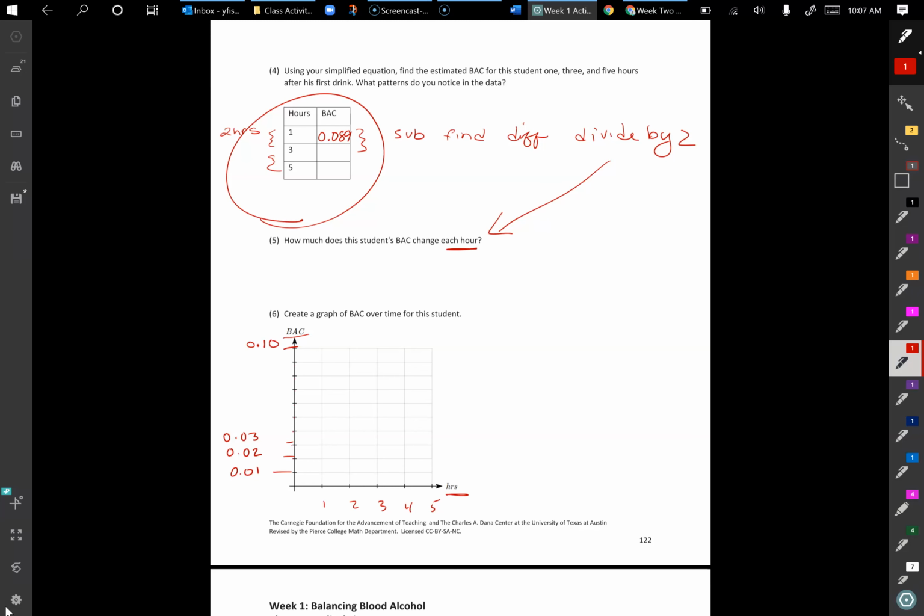You'll note that. But for 1 hour, I have 0.089. So that's going to be right about here. And so I would plot that dot, and then you would figure out for 2 and think about, do you think that's going to go this way or this way? Okay.